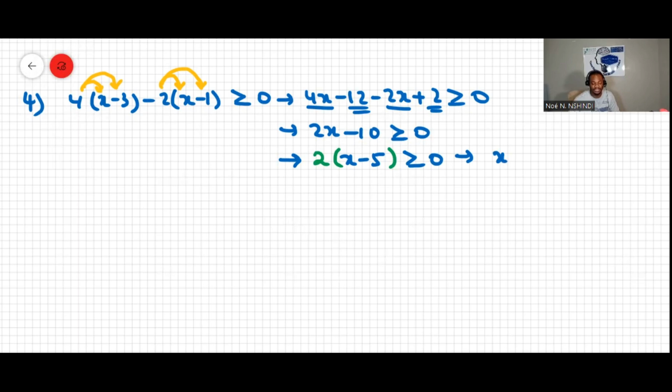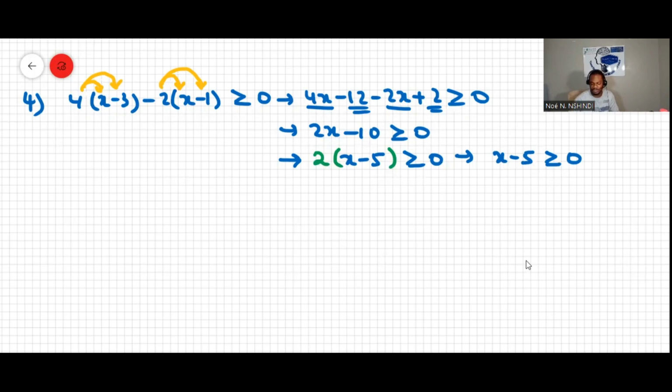So we're going to say it's x minus 5 which is greater or equal to 0, because 2 is positive already, this has to be positive also, in order to have a product that is positive, because positive times positive makes positive. So it's x minus 5 that has to be greater or equal to 0.